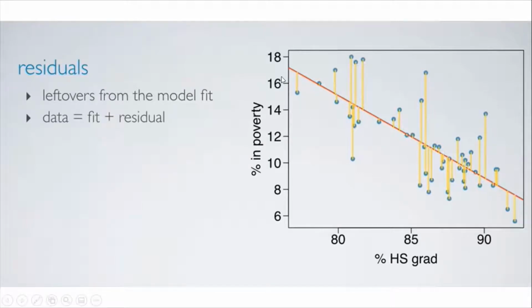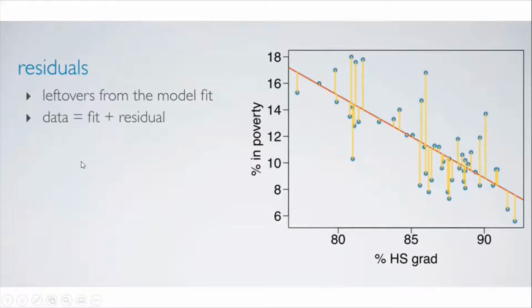Based on the data, we make some predictions. Basically, it is like guessing, and then we put a point here, here, and here, and draw a straight line connecting all these points. So the residual plus these fitted values constitute our data.